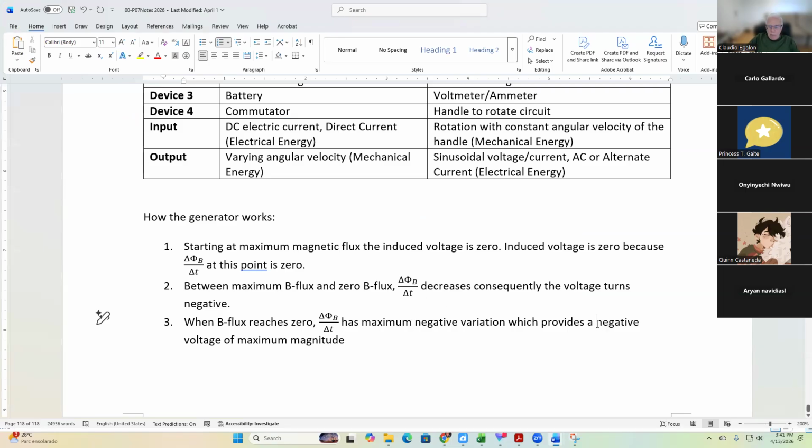Maximum provides a maximum deflection of the voltage needle towards negative values, like that.